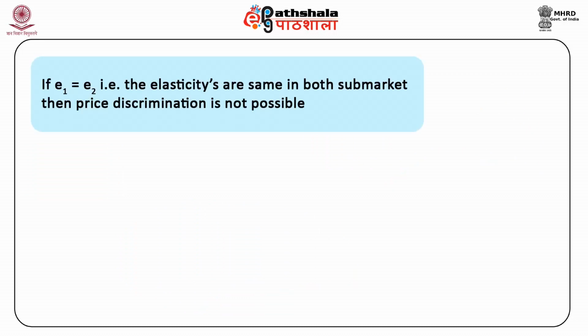First, if E1 equals E2, that is, the elasticities are the same in both the sub-markets, then price discrimination is not possible.